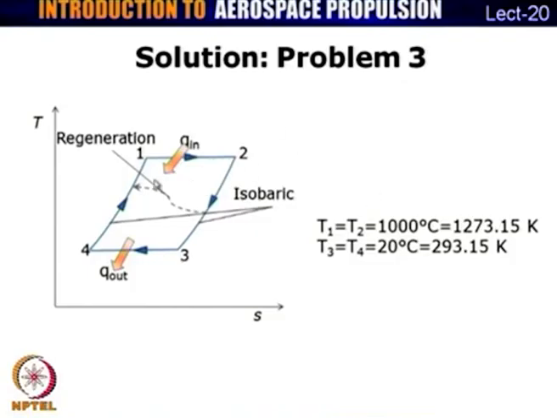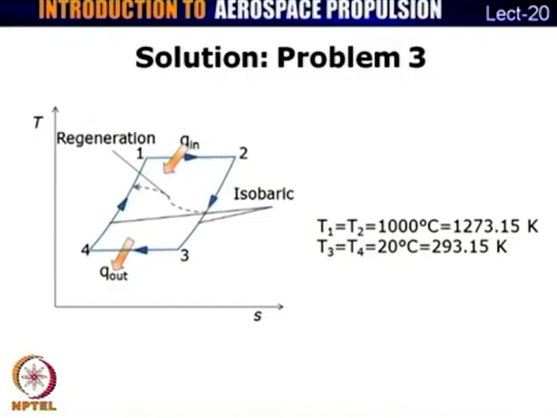So, the cycle begins at state 1, there is heat addition at constant temperature, that is isothermal heat addition, and if you were to implement the Ericsson cycle using compressors, turbines and a boiler, then the first process is isothermal compression, which is basically through the compressor, with heat input during the compression process.